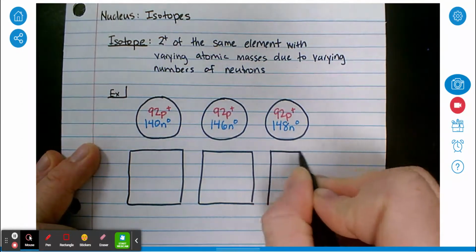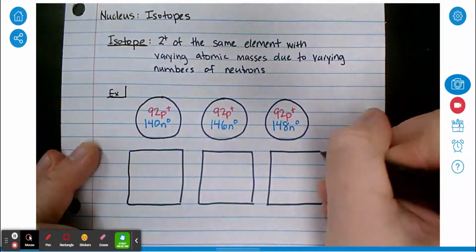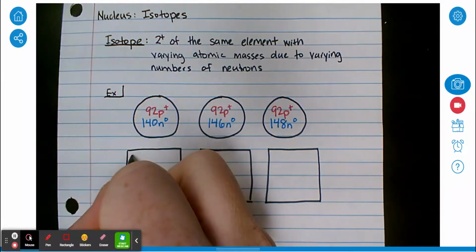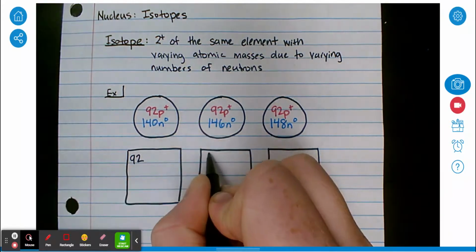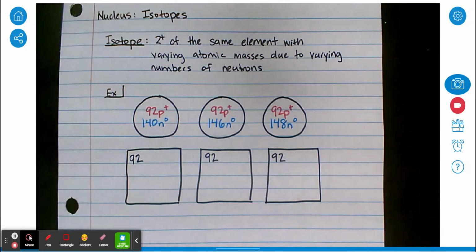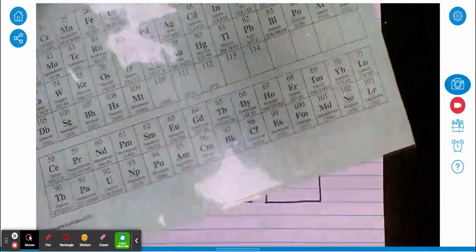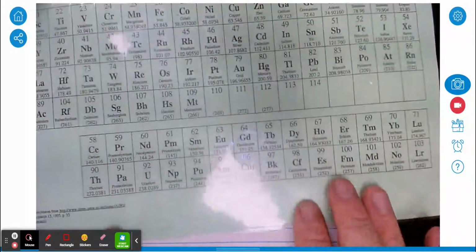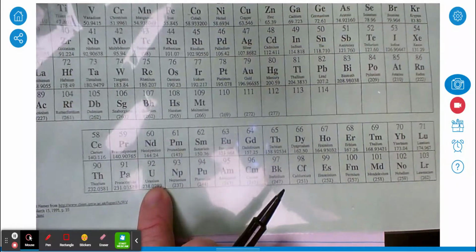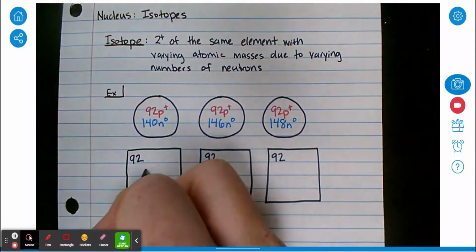All 3 of these nuclei have 92 protons. That means all of these elements are element 92. When I go to look them up, my card is going to look very, very similar. I'm going to pull out my periodic table. I'm going to find element 92 and discover that all of these nuclei are uranium.